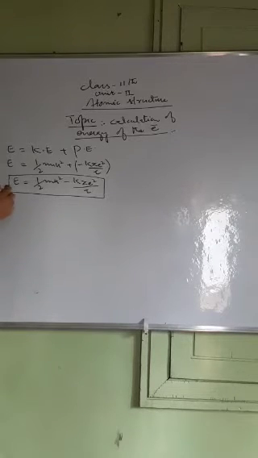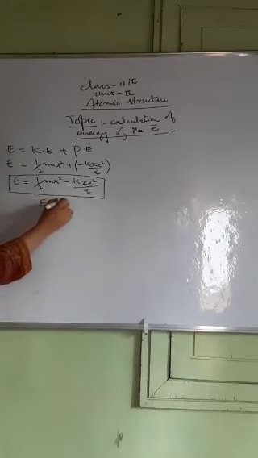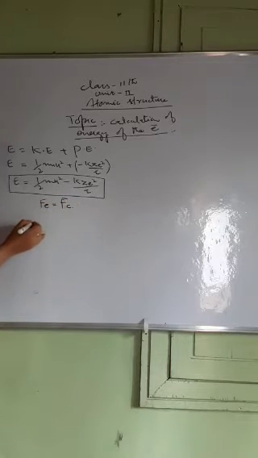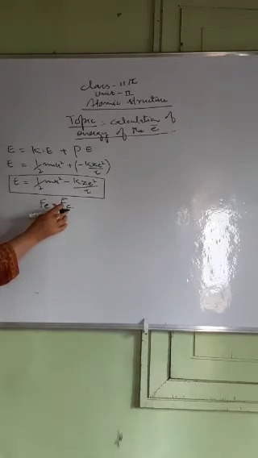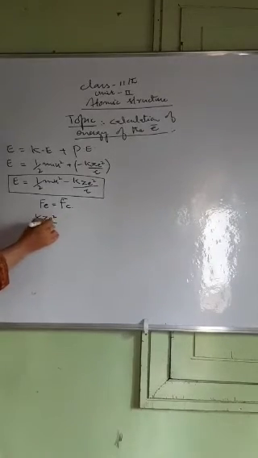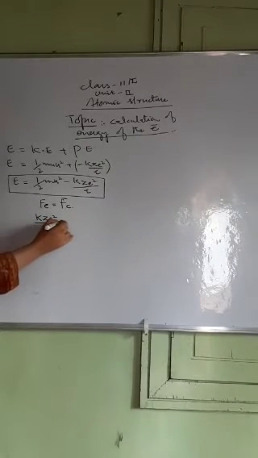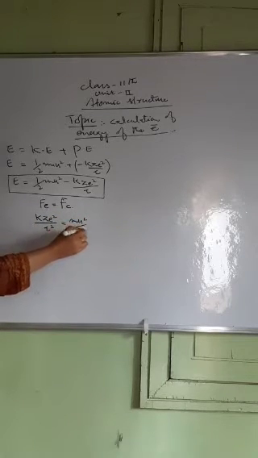During the calculation of the radius, we saw the equation Fe is equal to Fc, where Fe is the electrostatic force of attraction, k z e square divided by r square, and Fc is the centrifugal force, m u square divided by r.